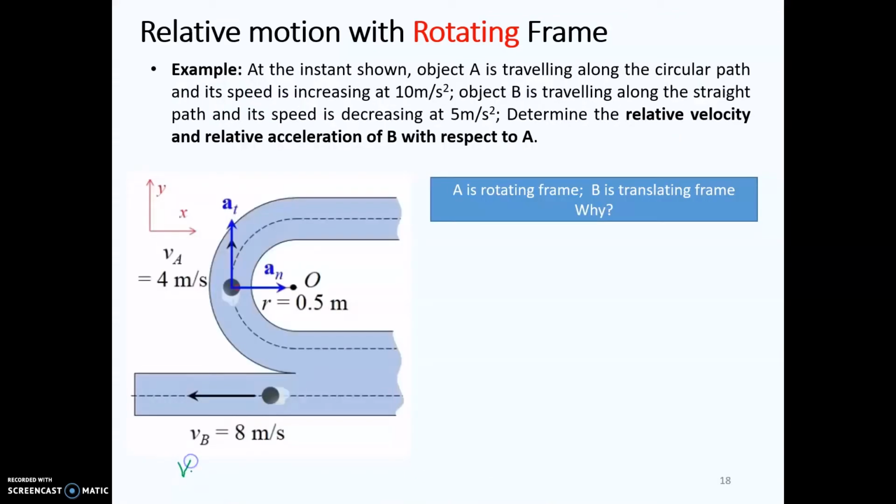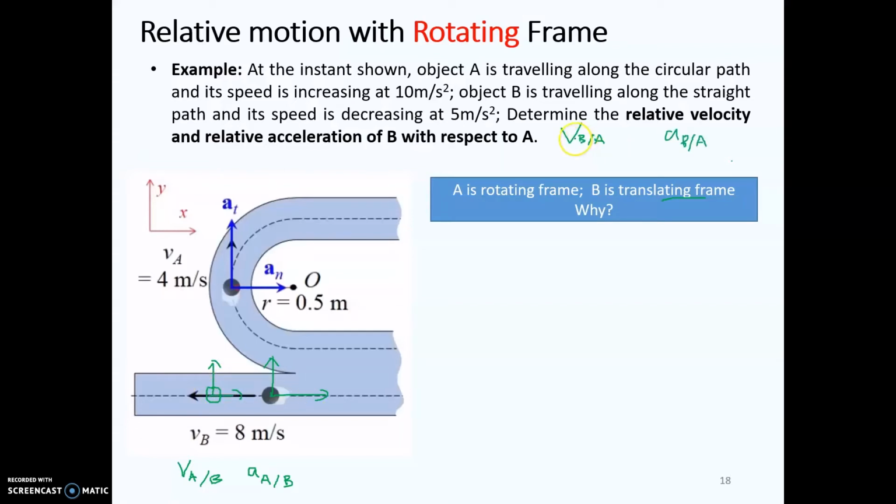Previously, we measured the velocity of A with respect to B, and also we measured the acceleration of A with respect to B. So in this case, we call B the translating frame. This is because B is moving with a linear motion. In the next moment, B will move to this point, and you see the frame is translating.